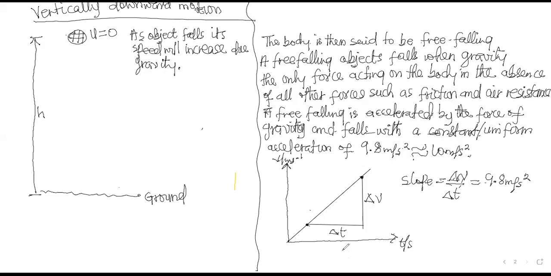So for a free falling body, the slope of its velocity time graph is equal to the acceleration due to gravity.